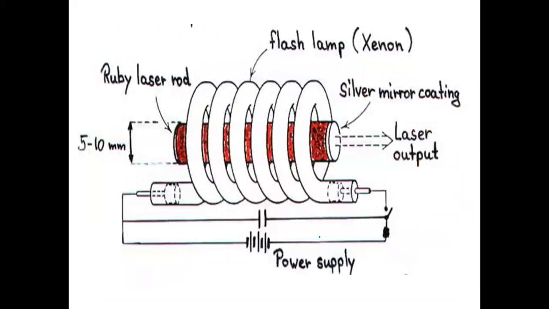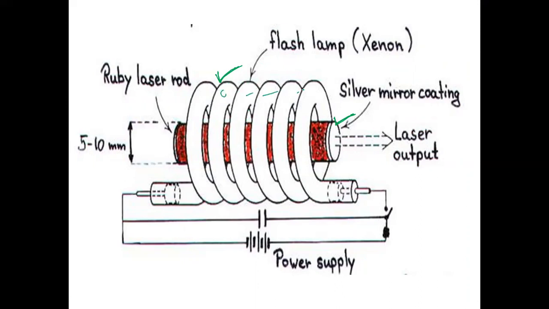This is the construction of the ruby laser. Here in this figure, we have one ruby rod with the desired dimensions, and this ruby rod is placed inside an energy source which is in helical form.